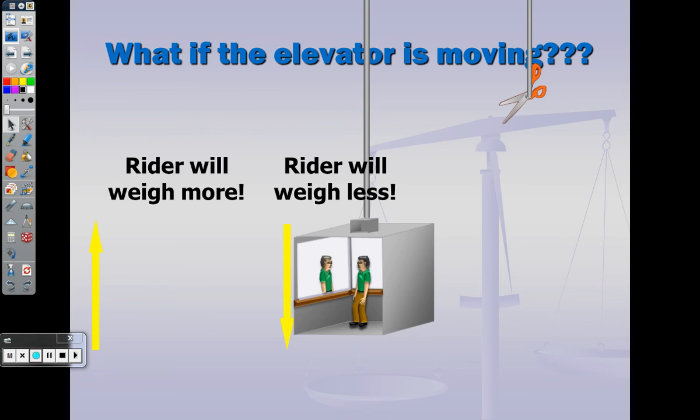He won't. He will be weightless. Why? Because he's traveling with gravity, the same acceleration as gravity. Okay? So it'll be 0. And he will be weightless.